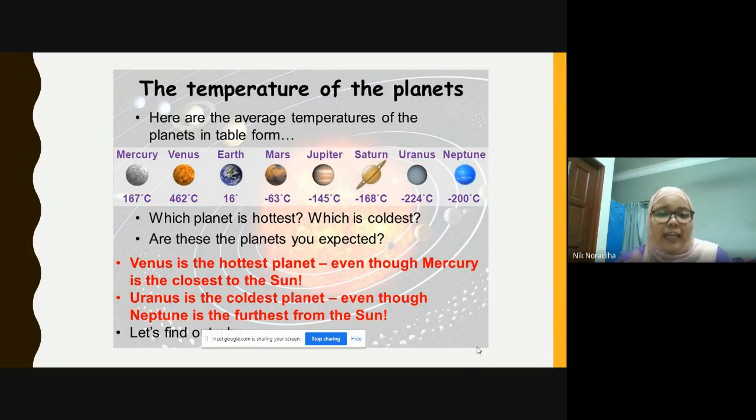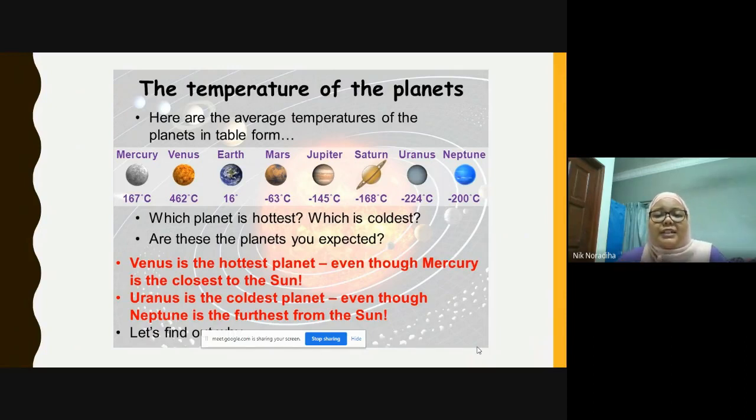So remember, if the question asks you why Venus is the hottest planet compared to Mercury, you need to answer: because Venus has an atmosphere that will trap the heat. Okay? Why is Uranus the coldest planet compared to Neptune?